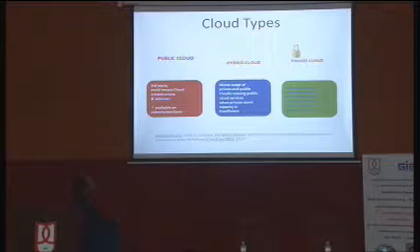Again, here becomes an issue. Which job do you actually send to public? How do you decide? The private cloud scheduling before was interesting, but now it becomes even more interesting because you need to make sure which job you're sending.